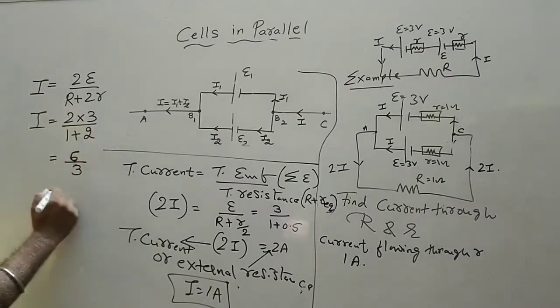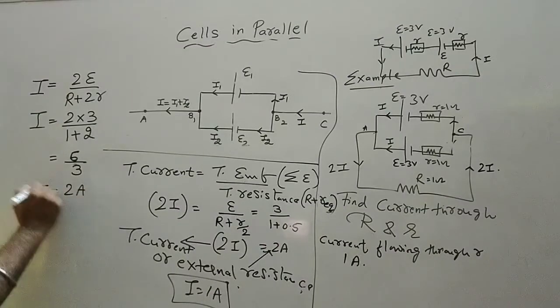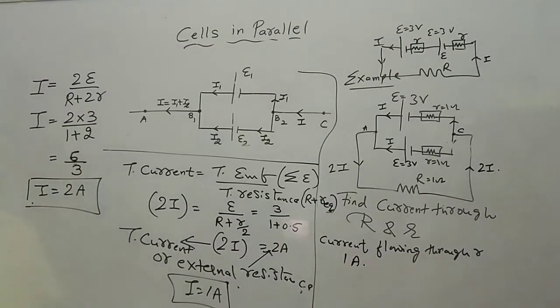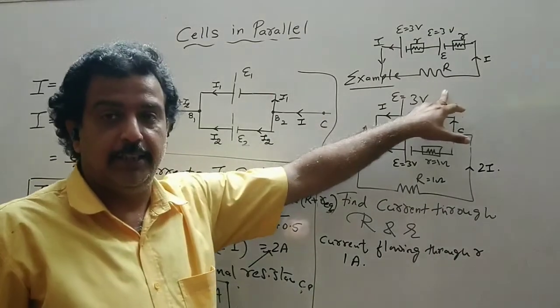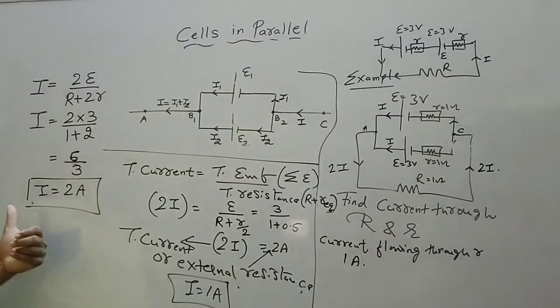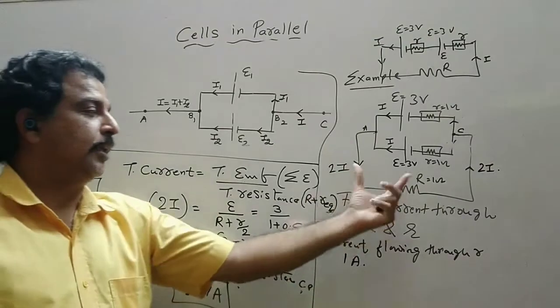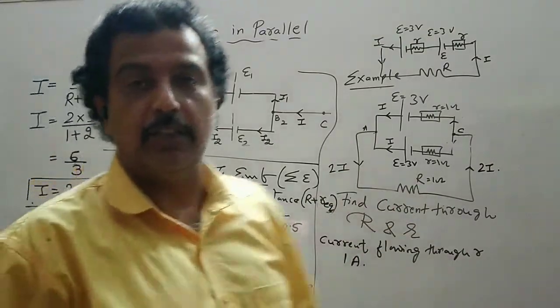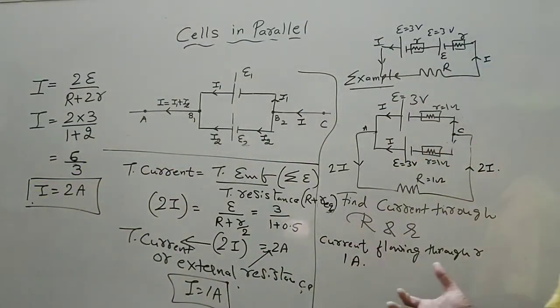So the current is 2 ampere. Now the total current flowing through the external resistance in this situation is 2 ampere. And here also the current flowing through the external resistance comes out to be the same.